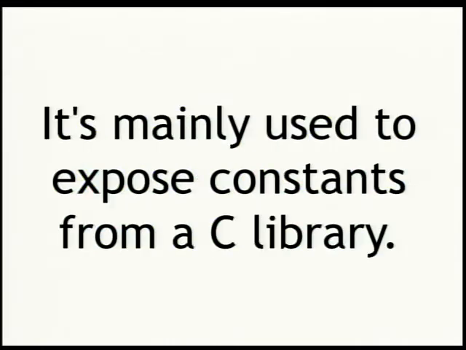This is very old, about 19 or 20 years old. It's mainly used to expose constants from a C library. Like, if I remember correctly, the Fcntl module or the Socket module is generated by this h2xs script.